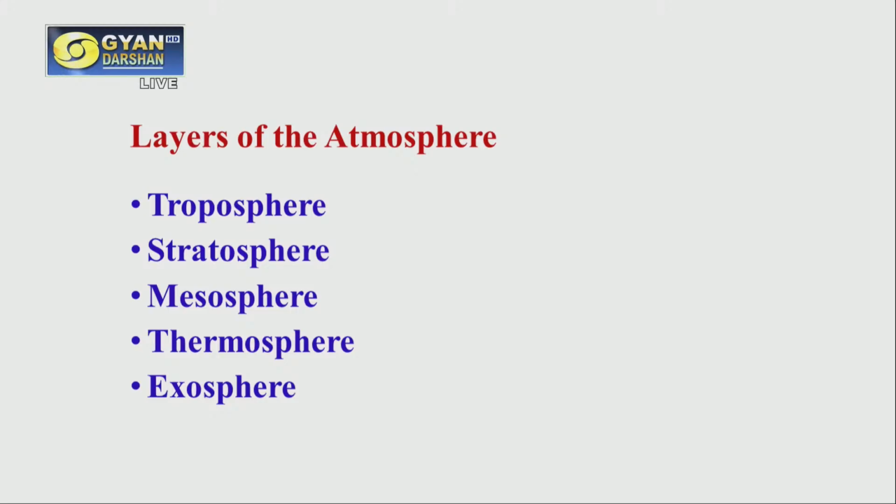These are the troposphere, stratosphere, mesosphere, thermosphere, and exosphere. What are the different things happening in these layers, and what is the importance of these layers? We will discuss that.